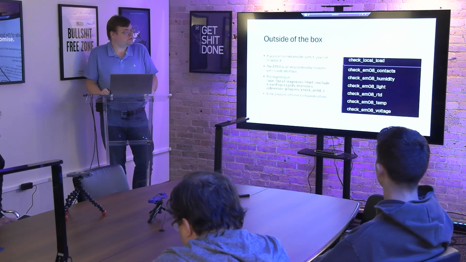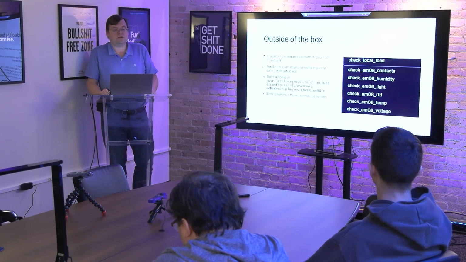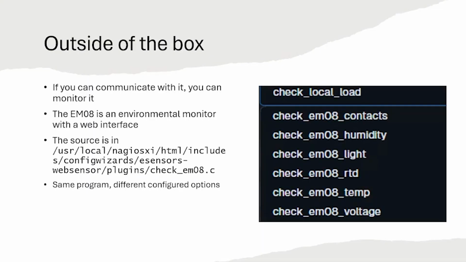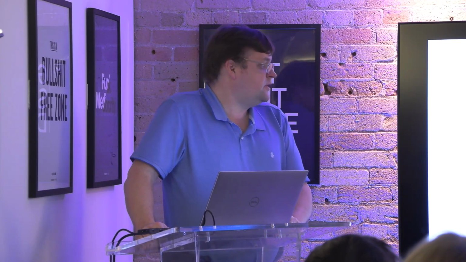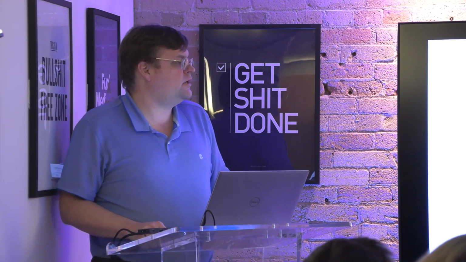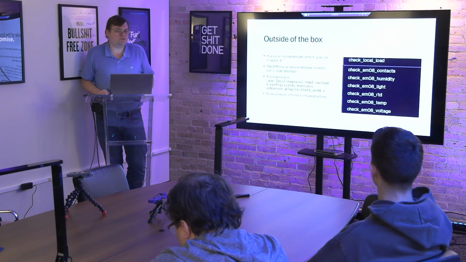Each one of those comes out of a specific C source file, and the check commands are set up to have different options depending on what you want to check. The short story is, if you can communicate with it somehow over the network, possibly even over serial ports, you can monitor it. You can test it, check it, and report on what it's doing.